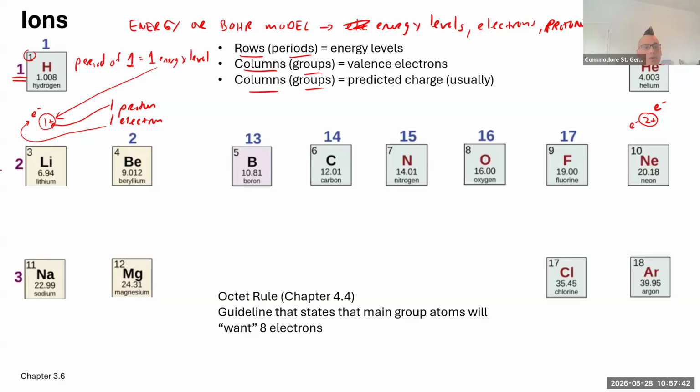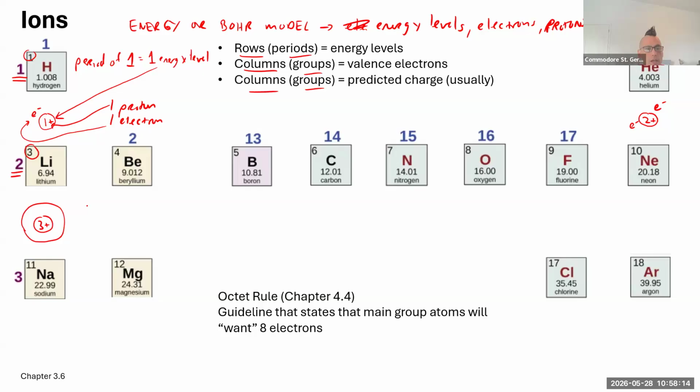All right, let's go to lithium. Lithium now has three protons. So I'm going to draw three protons here in the nucleus. It's in the row or period of two, so it's going to have two energy levels. And I'll annotate that too.